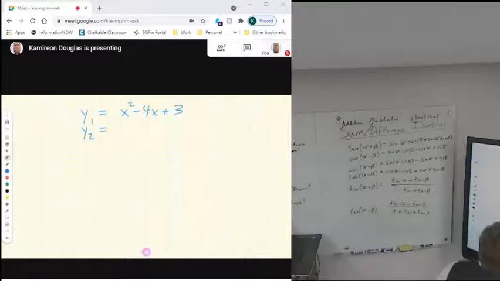The second function is negative x squared plus 2x plus 3. We're going to find the area in between these two.